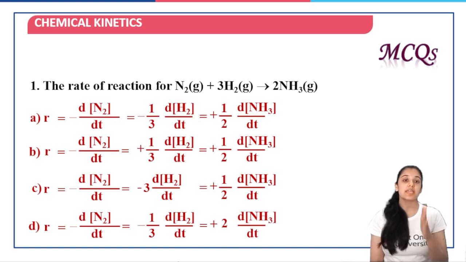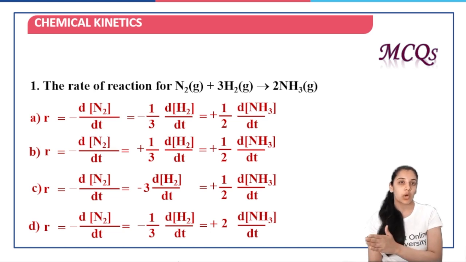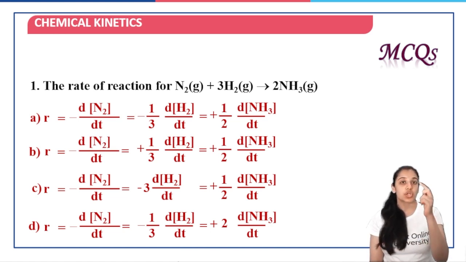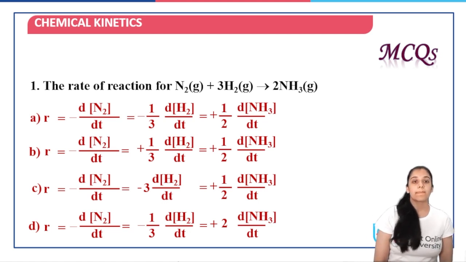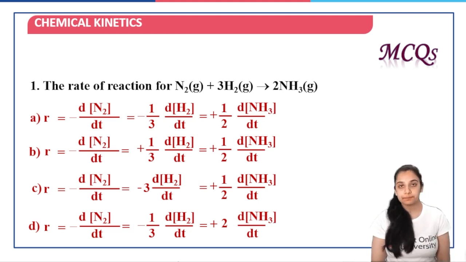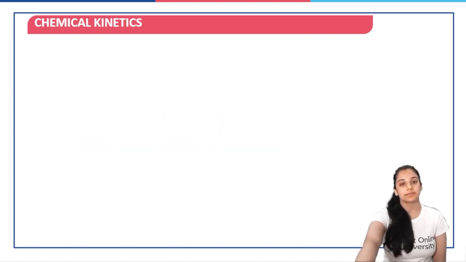The stoichiometry is written correctly in front of every particular reactant and product involved. And thirdly, the stoichiometry comes in the denominator, not in the numerator. So, minus dN2 by dt, minus 1 by 3 dH2 by dt, plus 1 by 2 dNH3 by dt. Option A is the right answer.